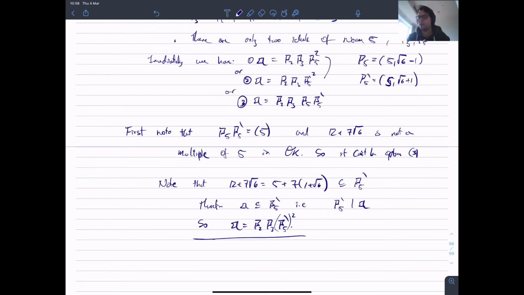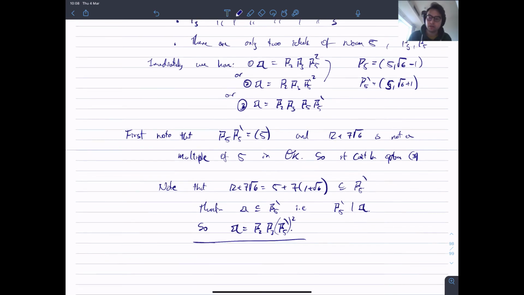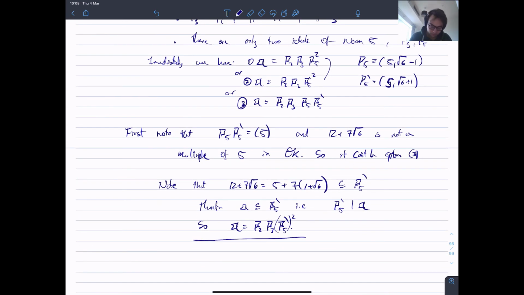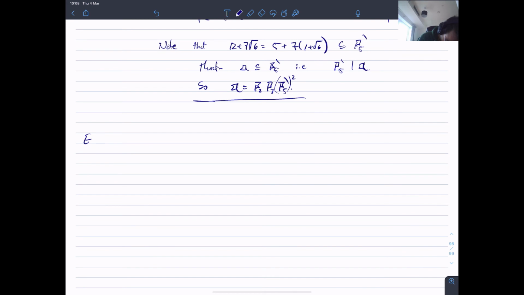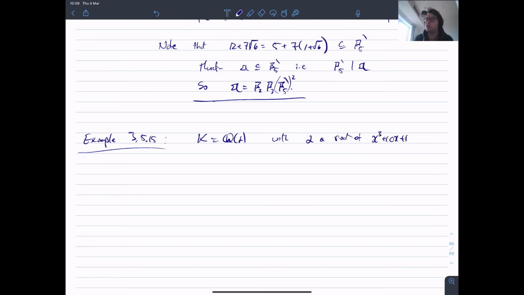Okay, let me do another example. Now, instead of quadratics, let's do cubics. Let K be Q of alpha, with alpha a root of x cubed plus 10x plus 1.